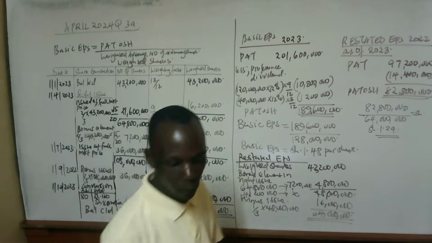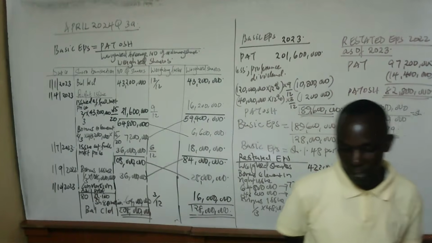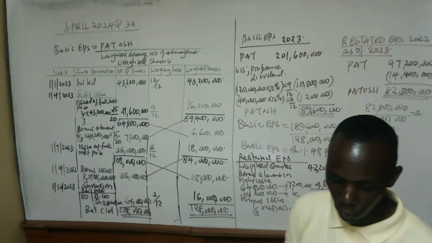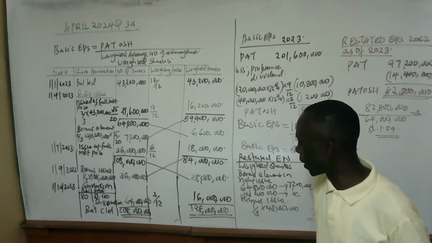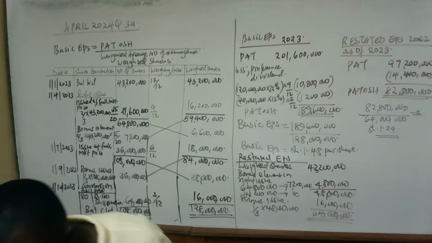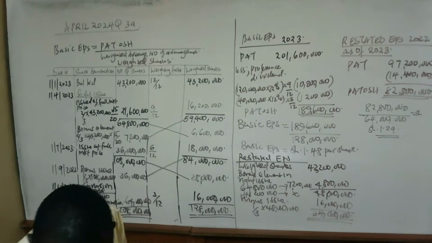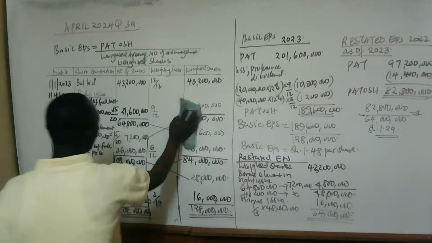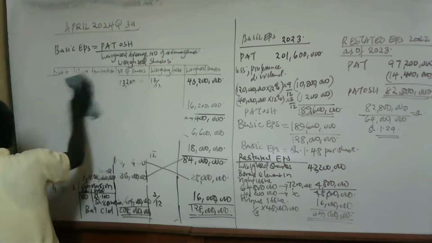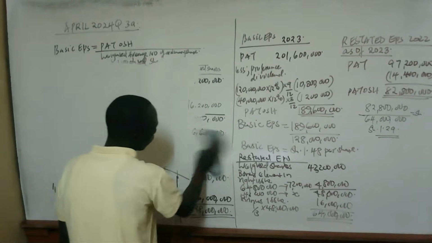And once we are able to come up with the restated EPS, the final category will be for us to get the diluted what? The diluted EPS. The final category is for us to compute the diluted EPS. And for the diluted EPS, the formula that I gave is what we call just the normal formula.